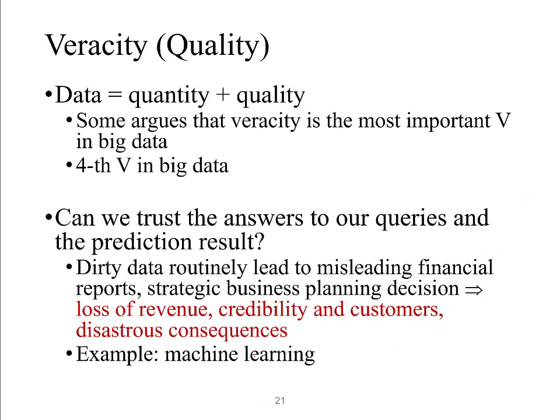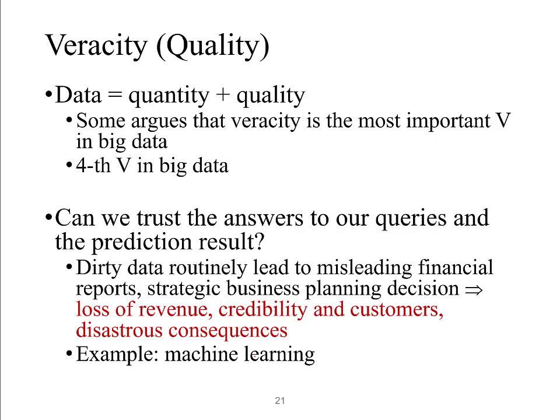So veracity. Veracity refers to the quality of the data, or the reliability, or how uncertain the data is. Apparently, when we're talking about data, we want a large quantity of data, which corresponds to volume.